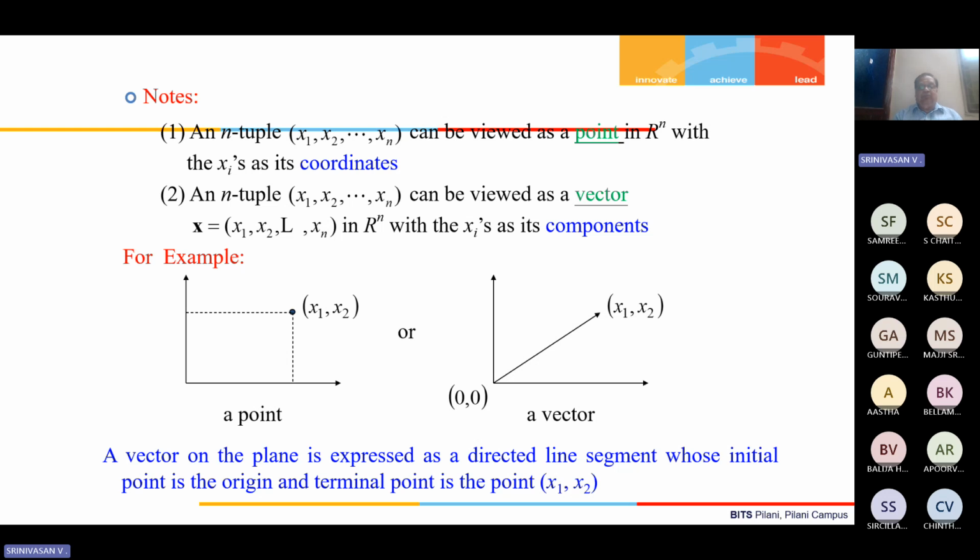So how do we distinguish between a point and a vector? Suppose this is O, you know very well. This is a point on the x-axis, this is your x-axis.